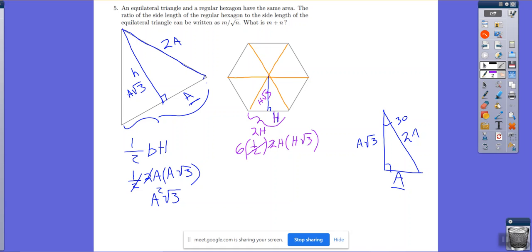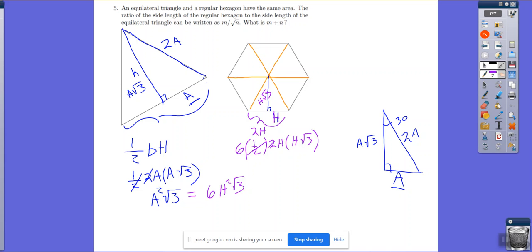So we get 6 H squared times the square root of 3. Is everybody with me so far? Okay, so we know that A squared times the square root of 3 is equal to 6 times H squared times the square root of 3.